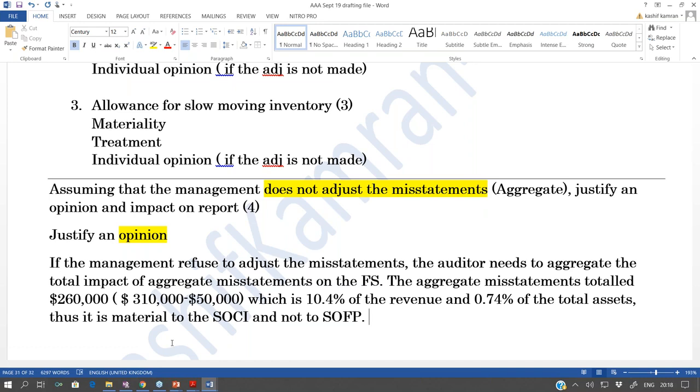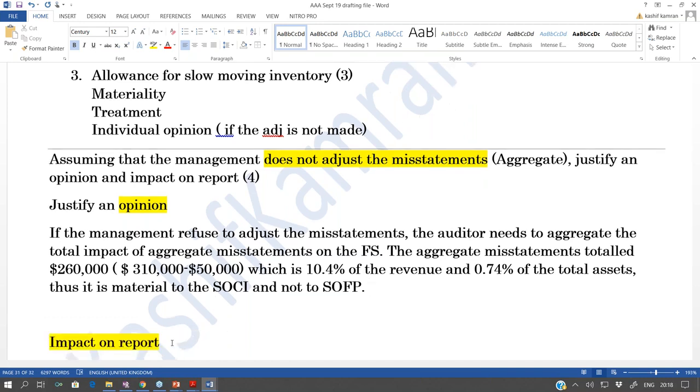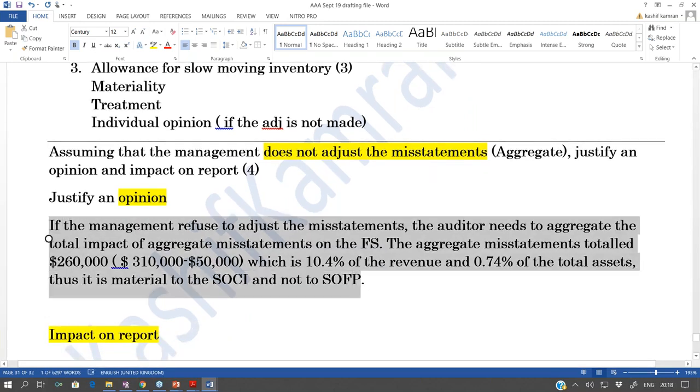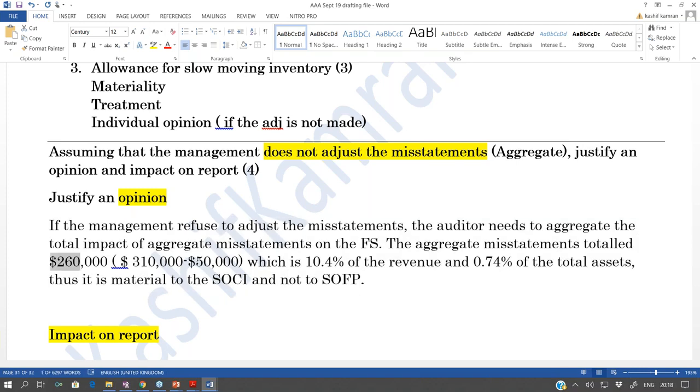Higher. Okay. So in order to justify the opinion, should I tell the examiner the aggregate impact? Have I done the aggregation in the first 9 marks? The first 9 marks were individual, right? So am I doing a different working for the examiner? This $260,000, is it giving me any marks here?